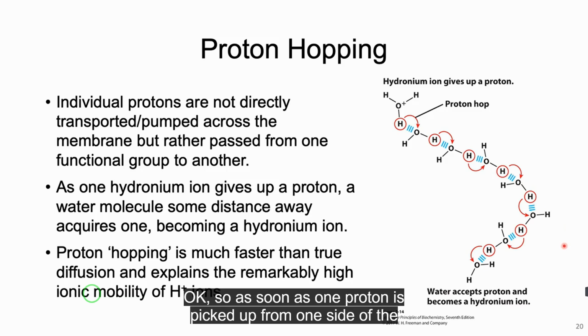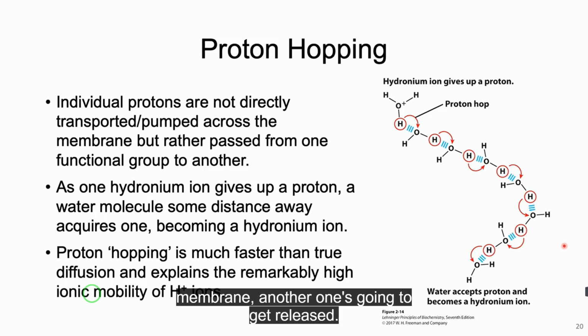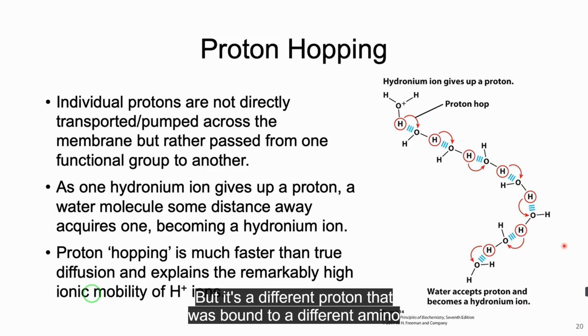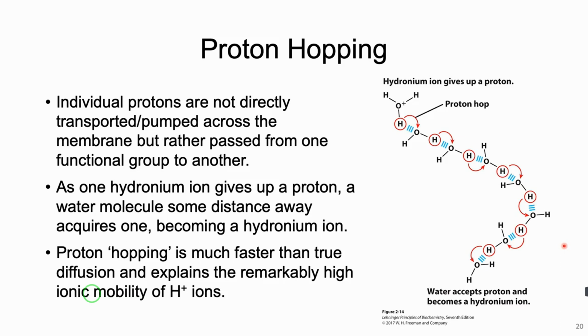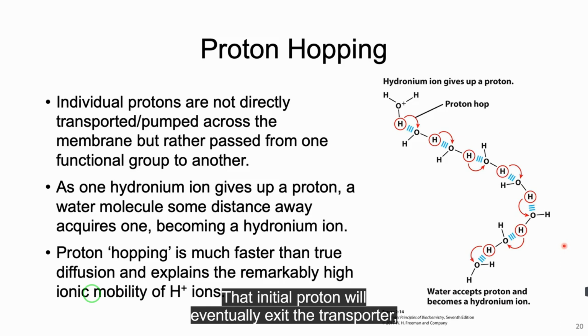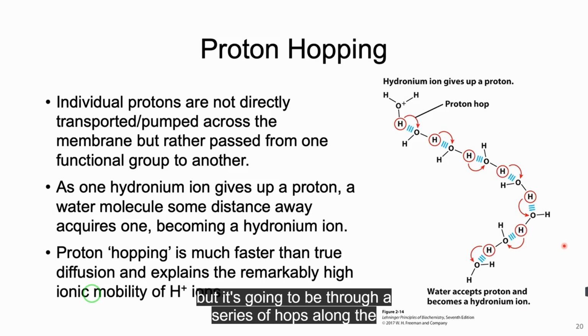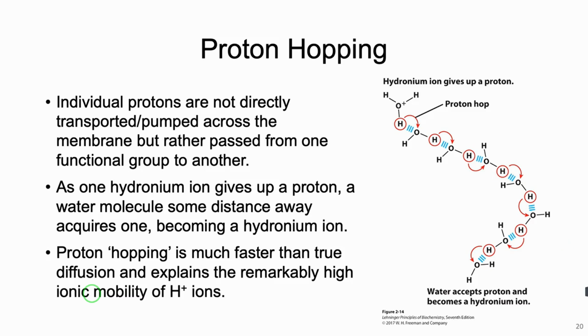Okay, so as soon as one proton is picked up from one side of the membrane, another one's going to get released, but it's a different proton that was bound to a different amino acid side chain. That initial proton will eventually exit the transporter, but it's going to be through a series of hops along the different functional groups that allow the transport to occur quite rapidly.